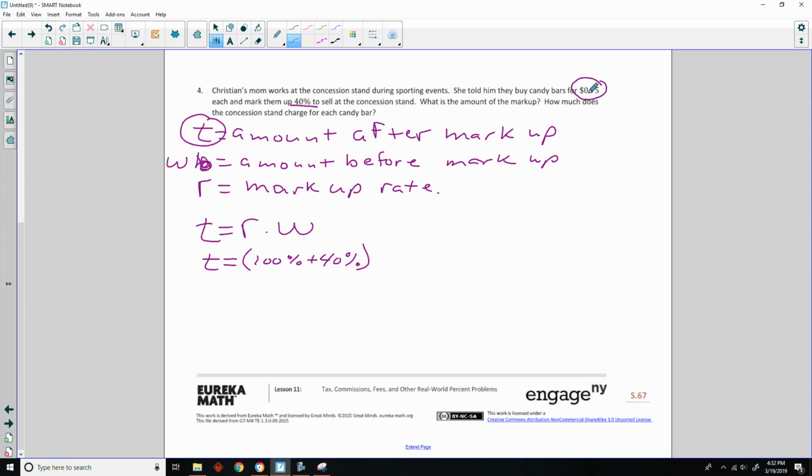Okay, the whole price with the markup. She told him they buy candy bars for 75 cents and mark them up. So she's marking them up 140%. 100% of 75 cents is 75 cents. The 40% is the amount added on. So this is going to equal 140% of 75 cents, which equals 1.4 times 0.75.